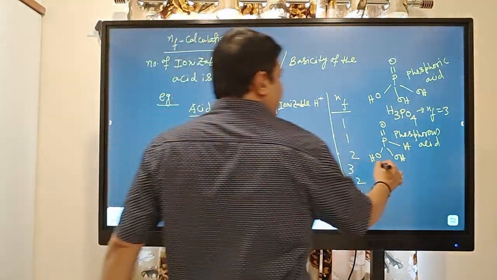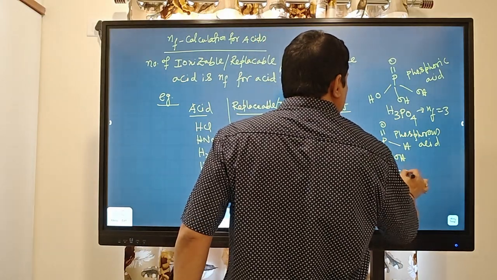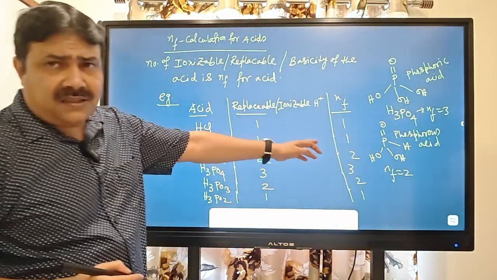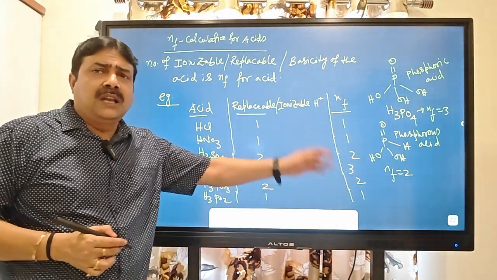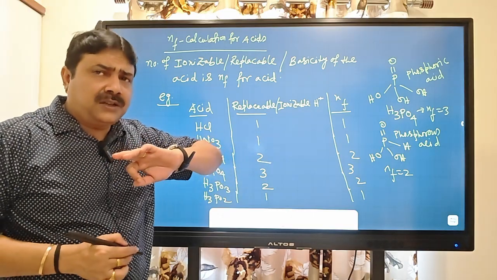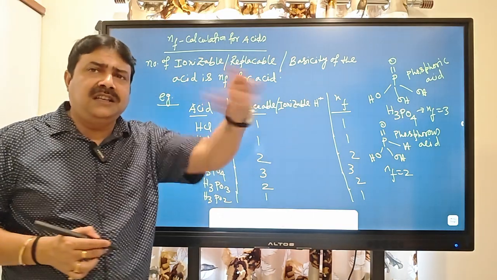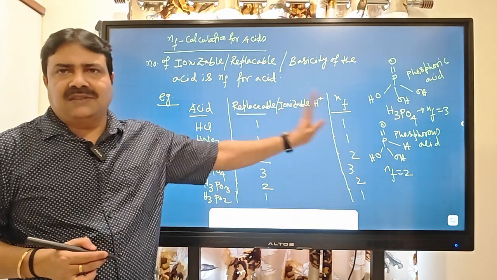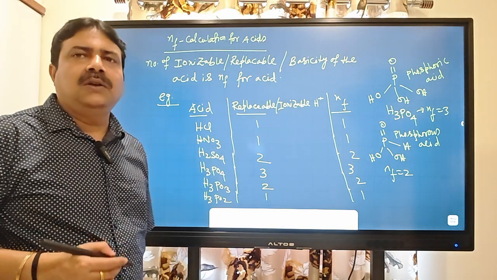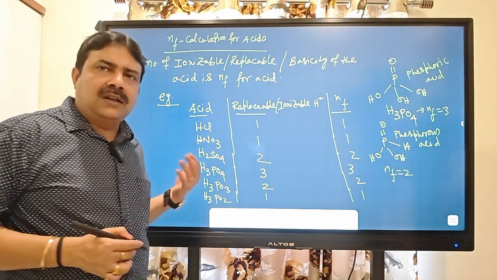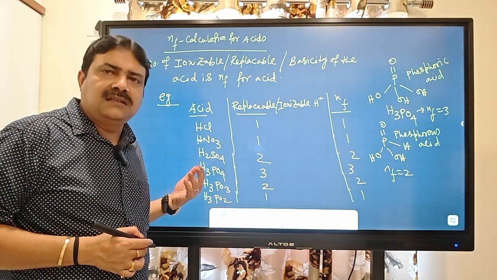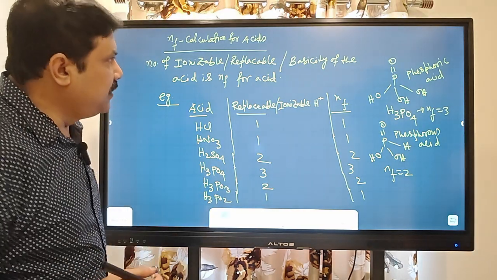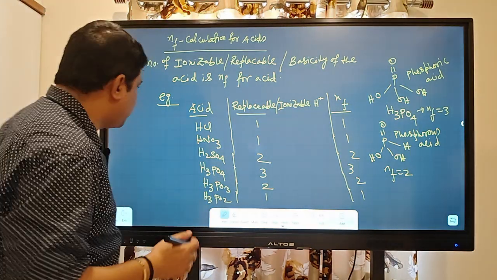That's why the N factor is 2. The hydrogen attached with the phosphorus is not ionizable. Why? Because phosphorus is not that electronegative to withdraw the electron and release the H plus. Only the hydrogens associated with the oxygen can go as H plus, and the electron stays with the oxygen as O minus.